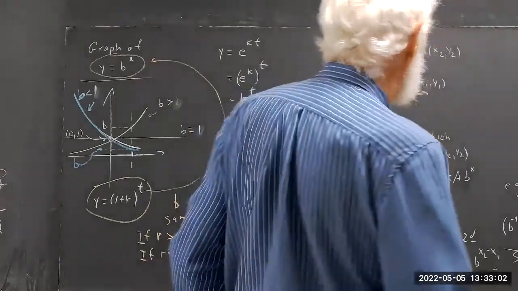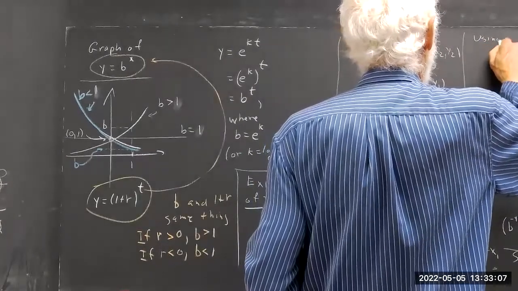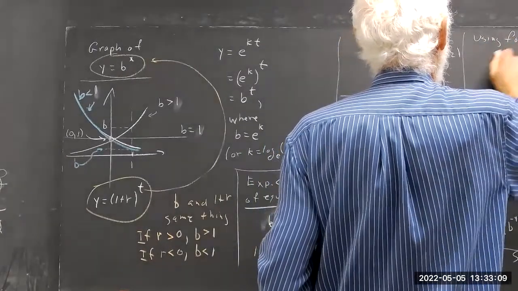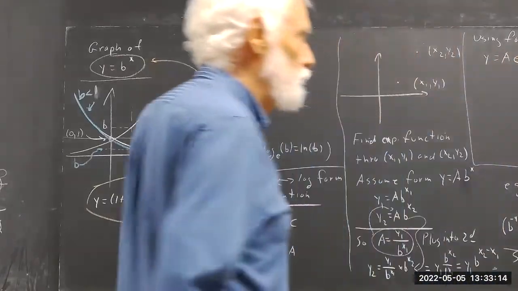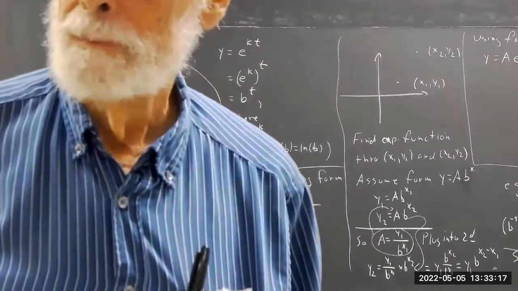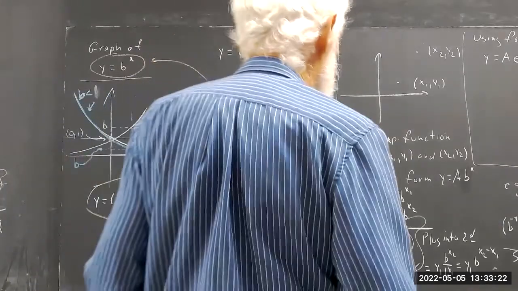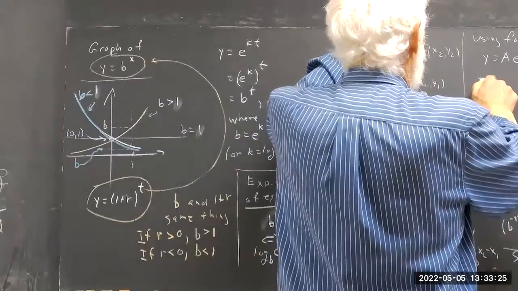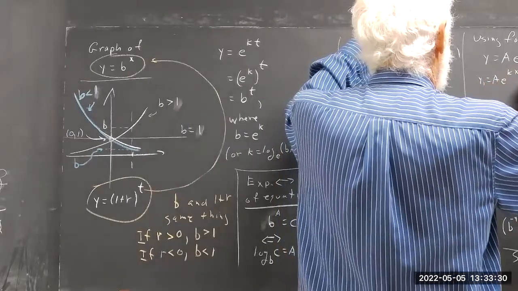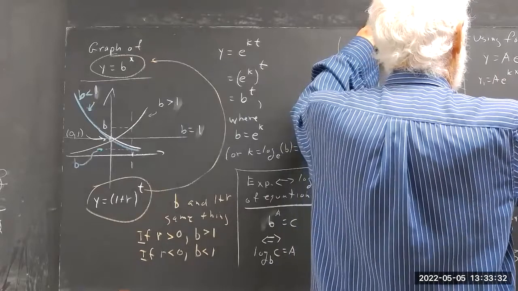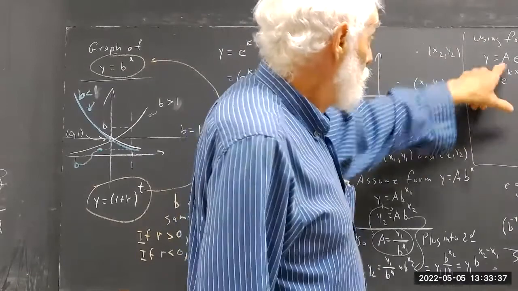Now, if you use the form y equals a e to the kx, you can still solve it. Immediately, you just plug your x1 and y1 into this form, you get this.